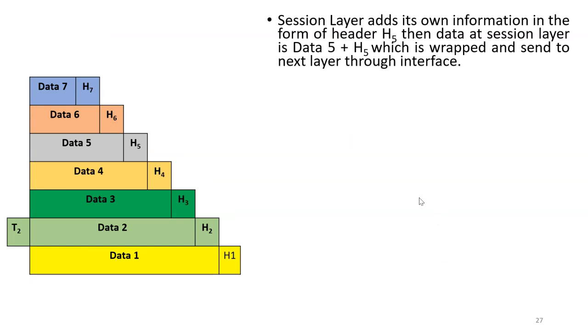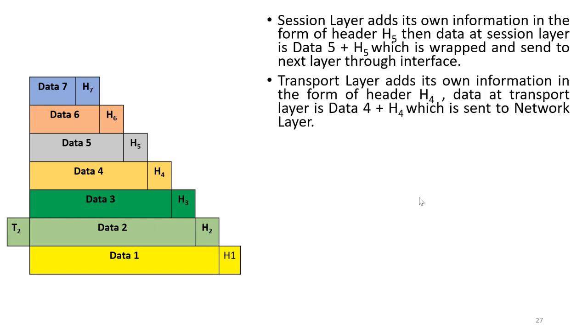Then layer number 5, the session layer, adds its own information in the form of header 5, that is H5. Then data at the session layer is data 5 plus header 5, which is wrapped and sent to the next layer through the interface, that is through interlayer communication between the session layer and the transport layer, which is the lower layer.